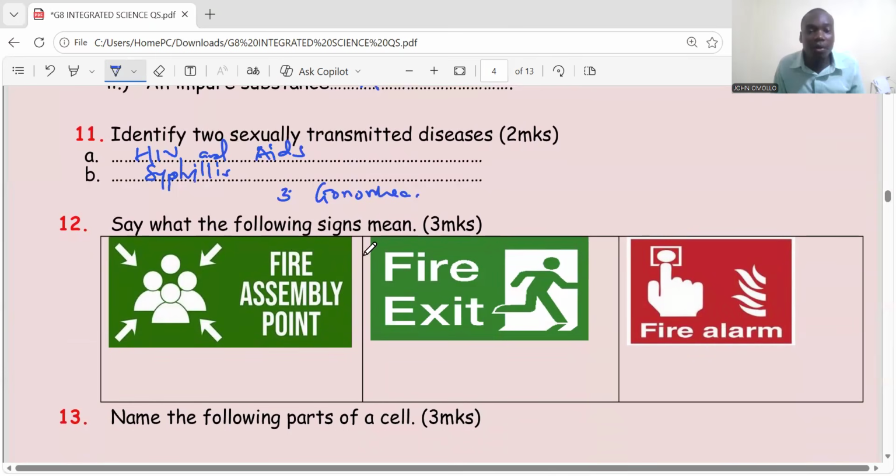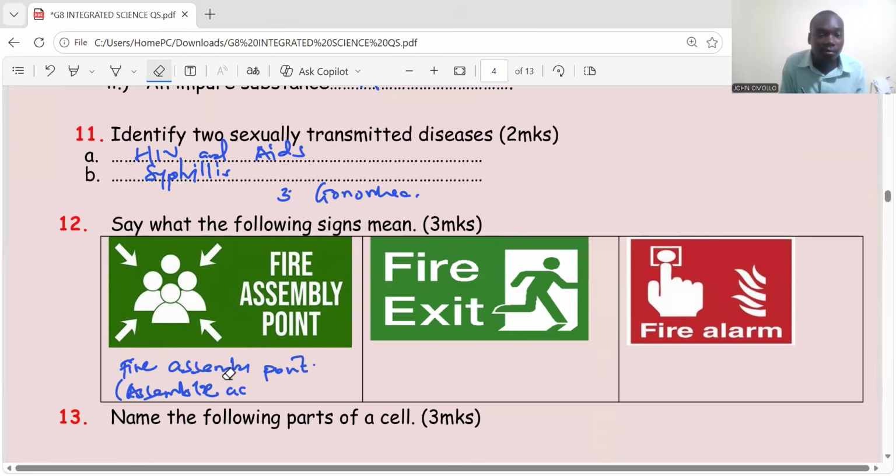Say what the following signs mean. Of course, the answers are there. Fire assembly point. This simply means fire assembly point, so we can assemble in case of fire outbreak.